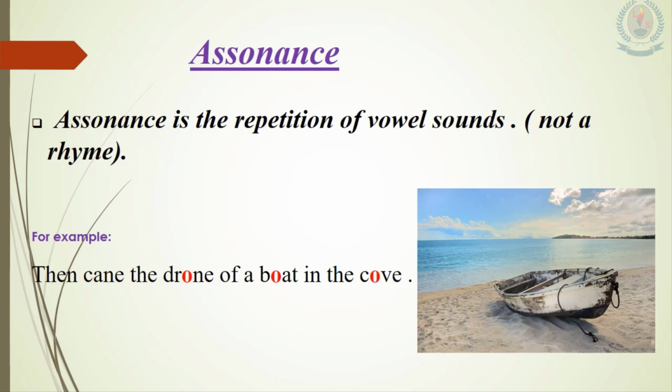That's just a hint. So here I have given you an example. The cane, the drone of a boat in the cove. So here the letter O is repeated in two places.